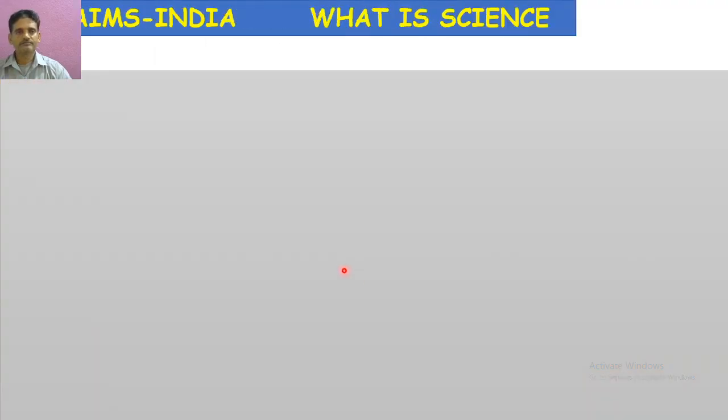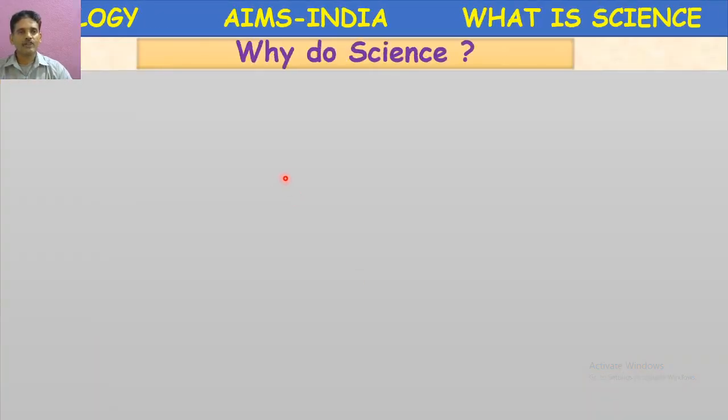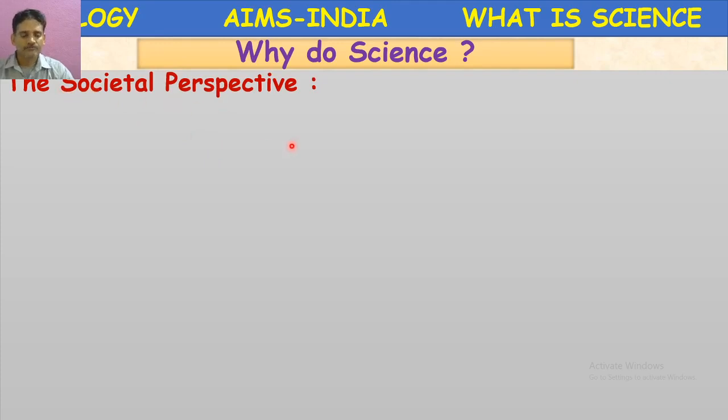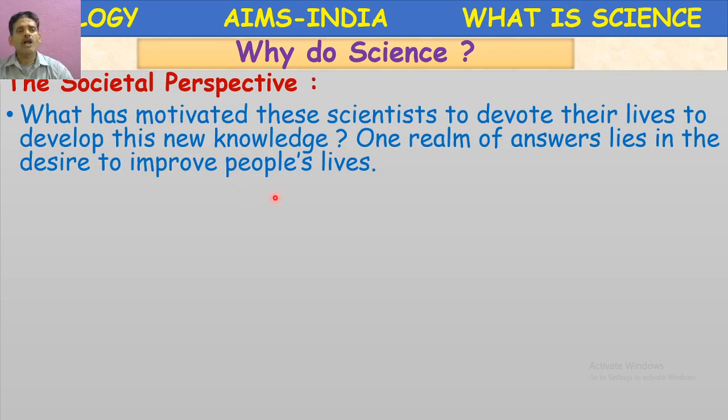Next, the societal perspective. The societal perspective means what has motivated these scientists to devote their lives to develop this new knowledge. One realm of answer lies in the desire to improve people's lives.